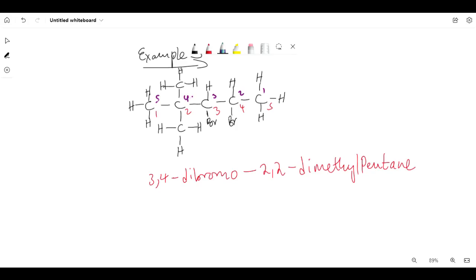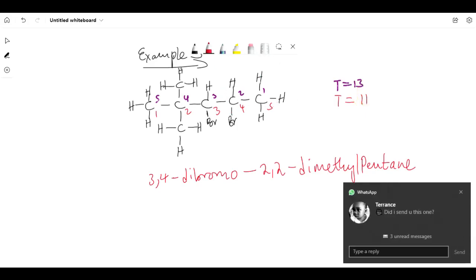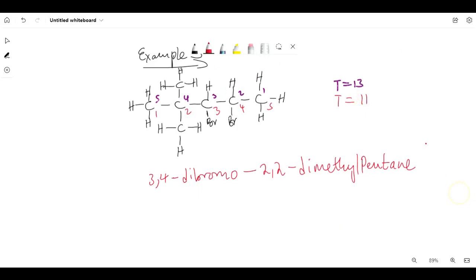So 5 plus 8, it will be 13. So the total of the purple will be 13, and the total for the red would be 11. So the preferred one is the red.